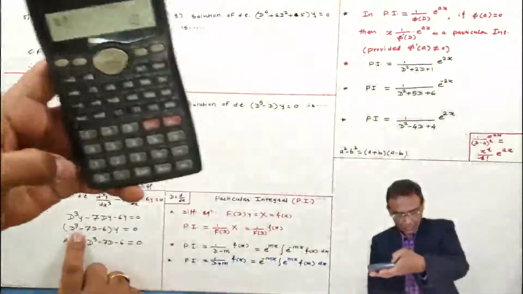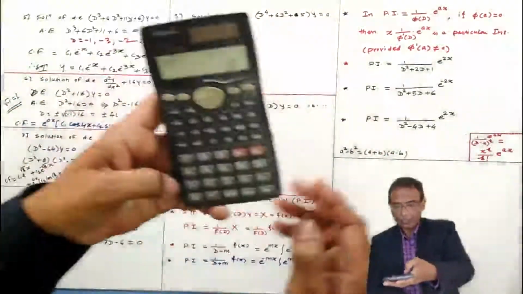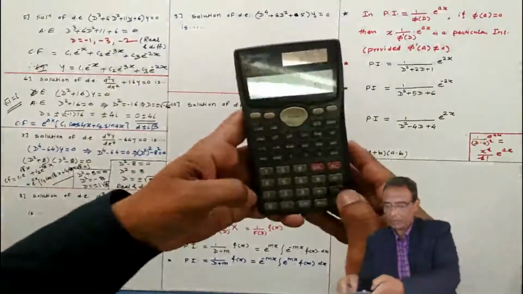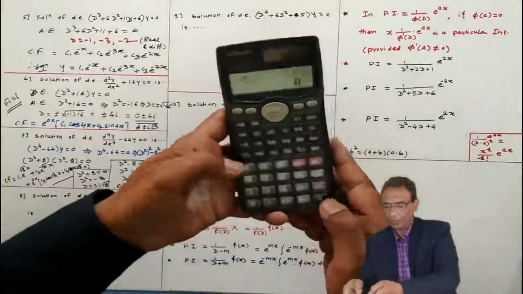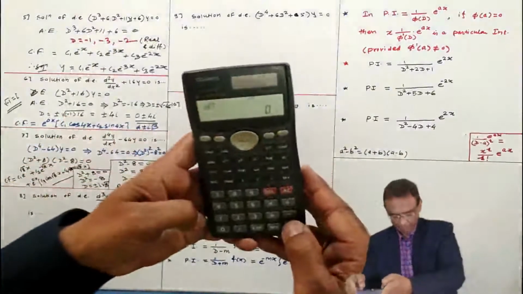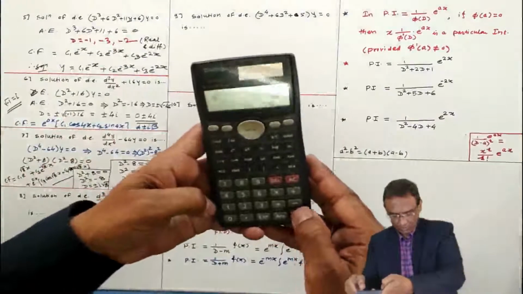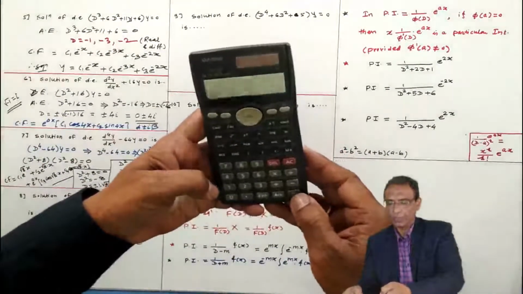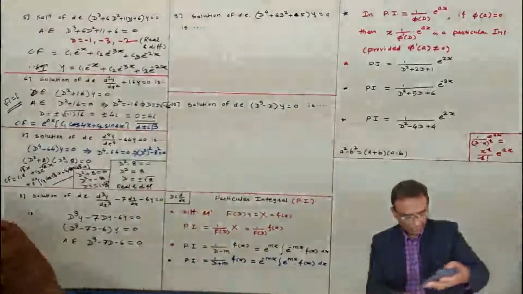No, the coefficient of D square is absent, so the coefficient of D square is 0. It is very important. The coefficient of D is minus 7. If the highest power of D is 3, then there must be 4 coefficients in this way.